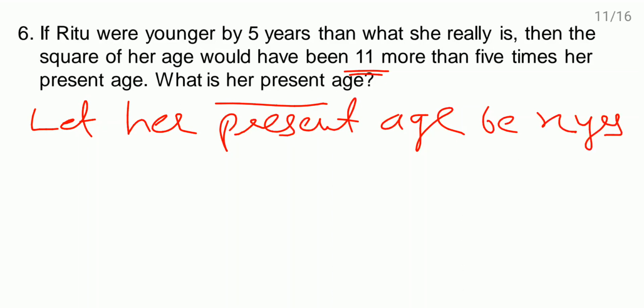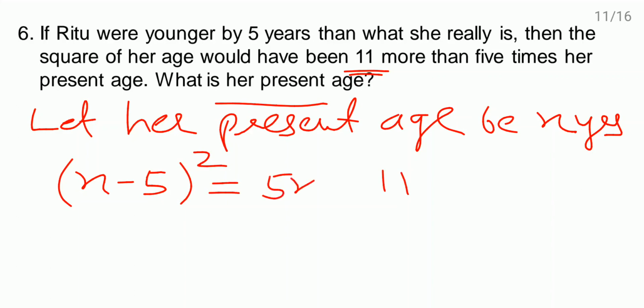Okay. Now look at the condition here. If Ritu were younger by 5 years, so her age will become x minus 5. Right? Then the square of her age is equal to 11 more than 5 times of her present age.